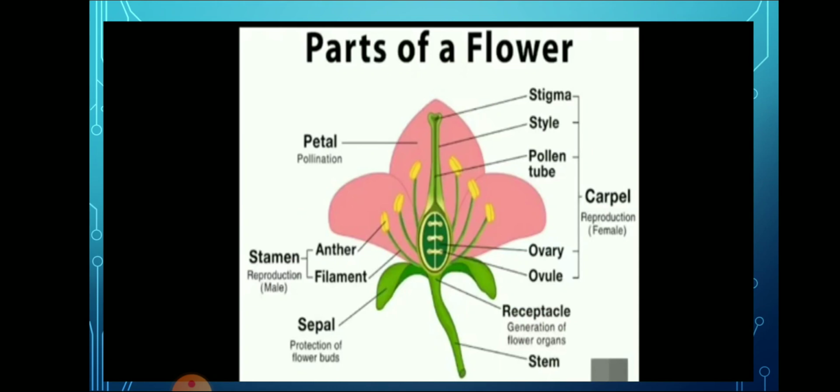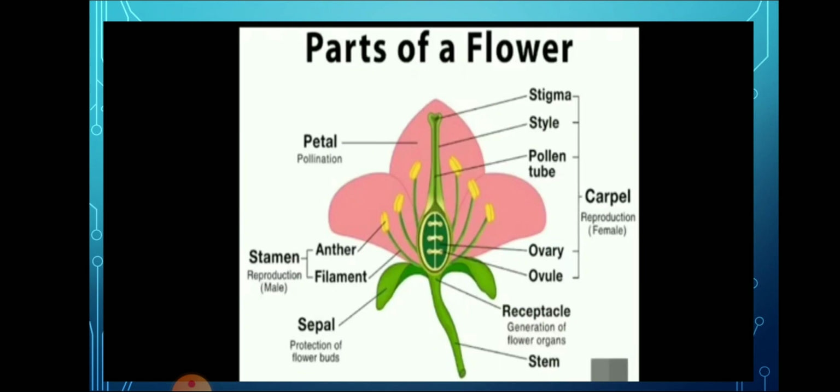Now we shall discuss the parts of a flower. Actually, a flower is divided into so many parts. In flowers, we also see male parts and female parts. So let's see what are the male parts and female parts.